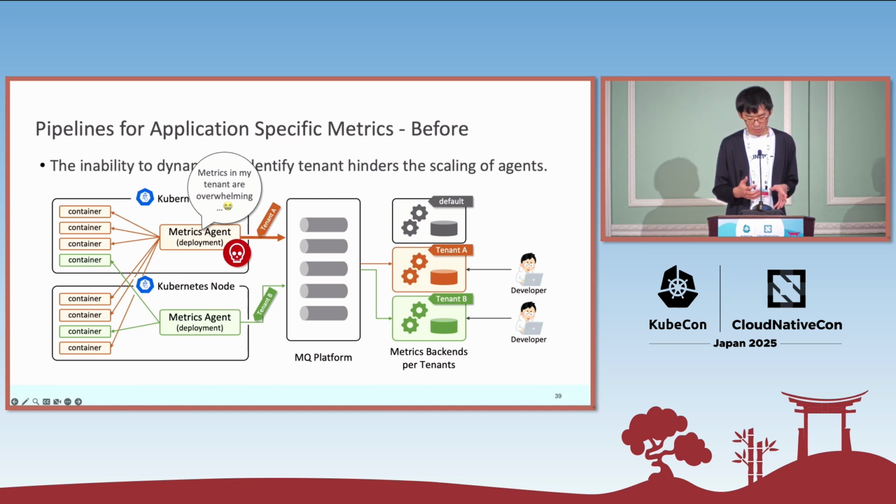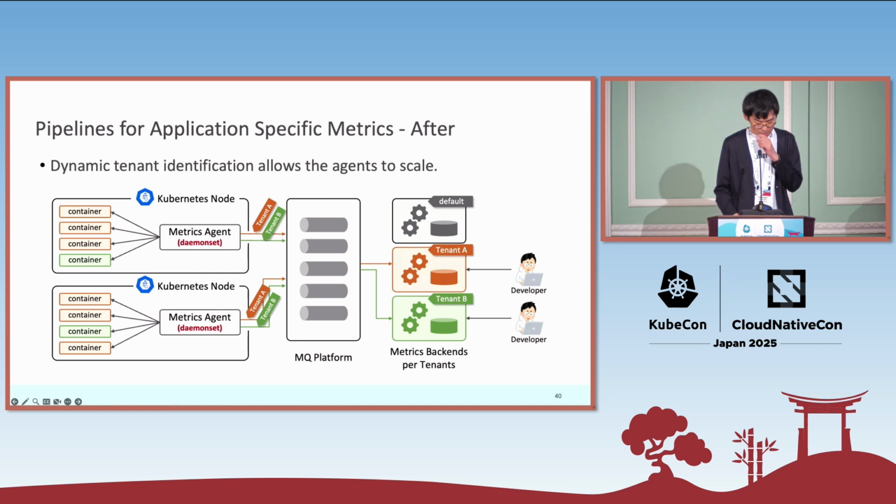However, with this approach, the agents assigned to tenants that contain extremely large applications are unable to handle the volume of metrics. In this case as well, identifying the tenant dynamically from each metric works to solve the issue.